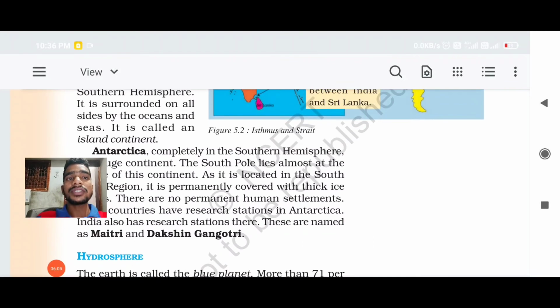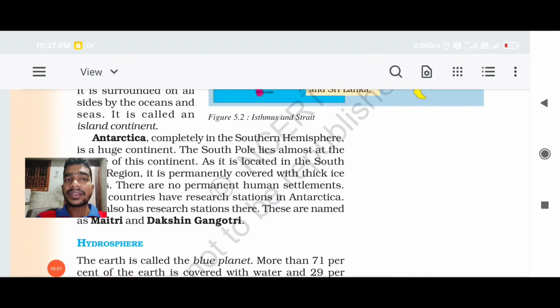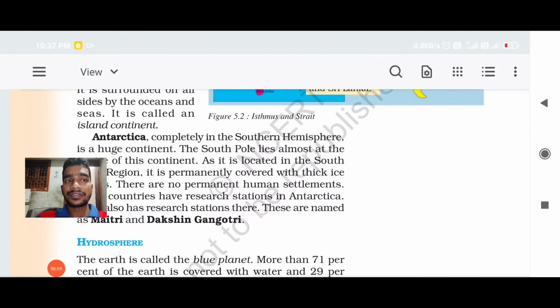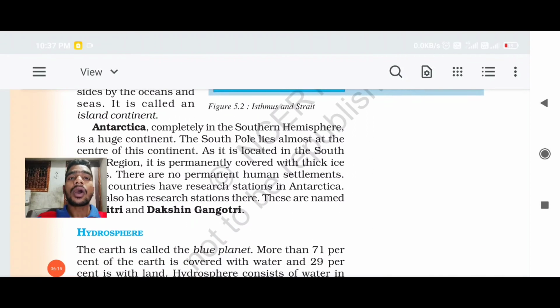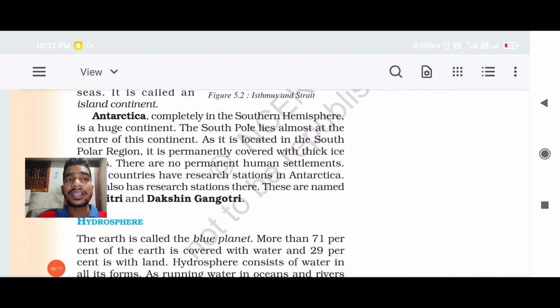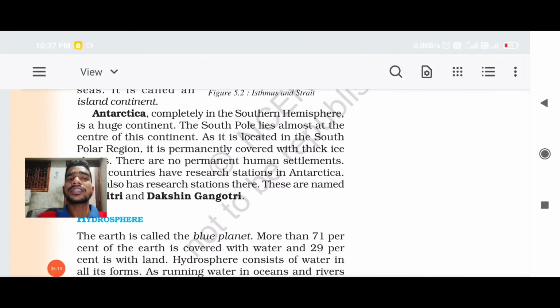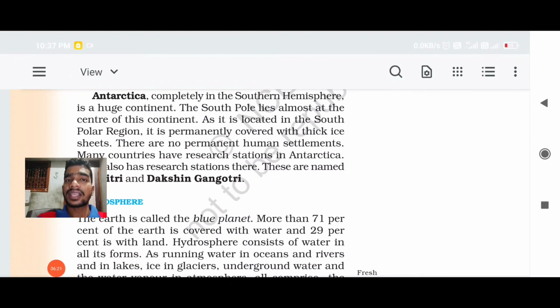Now we'll talk about the last one, Antarctica. It is completely in the southern hemisphere. It is a huge continent. The South Pole lies almost at the center of this continent. As it is located in the South Polar region, it is permanently covered with thick ice sheets.